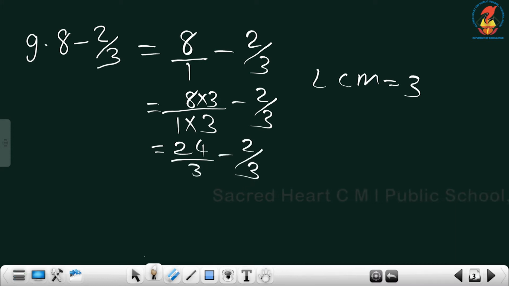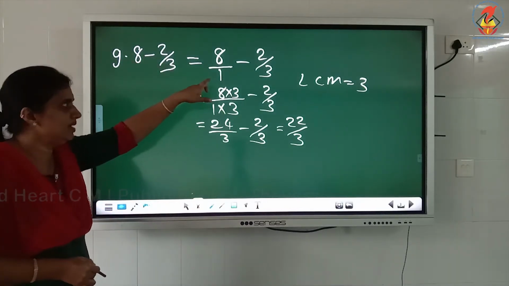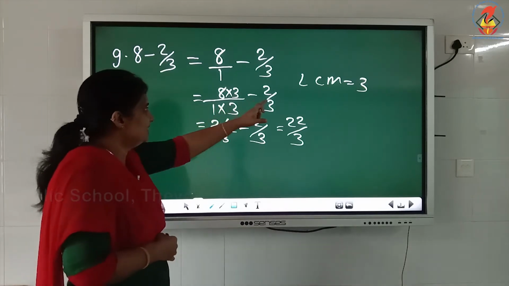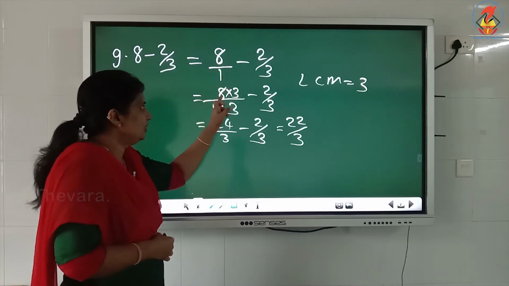It will become what? 24 minus 2 is what? 22 divided by 3 only. Is it clear, children? And 8 by 1, I simply wrote here 8 by 1. I need to make it into a fraction only. After that the LCM is 3 and 1 into 3, 8 into 3.